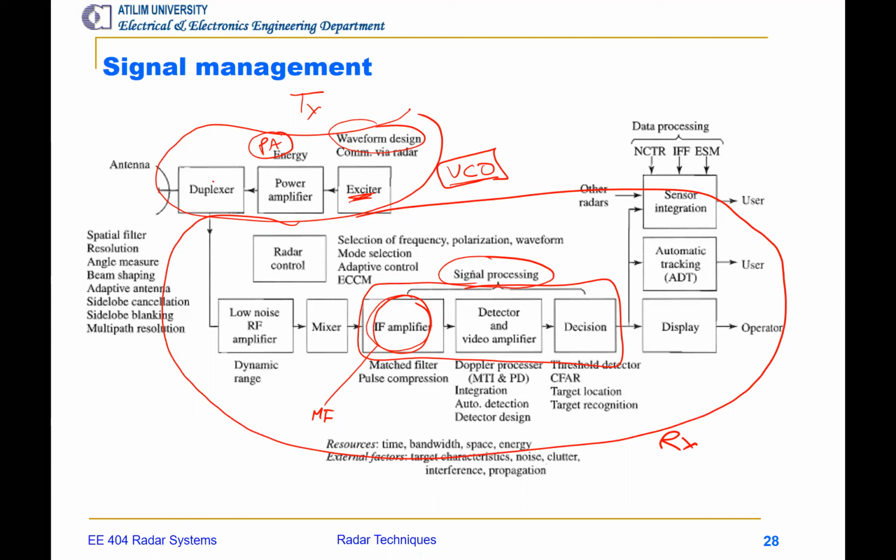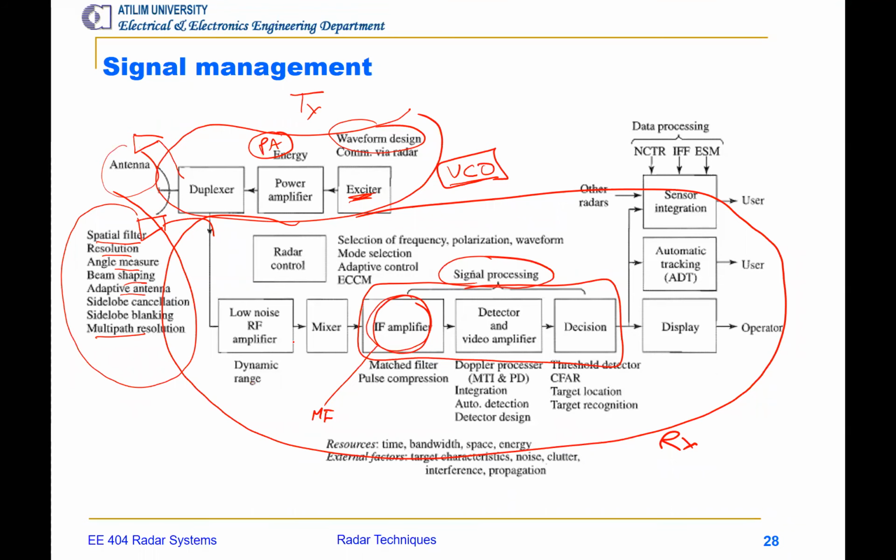And then the duplexer, we did not use a duplexer, of course, we used 2 antennas, okay? One for transmit, one for receive.